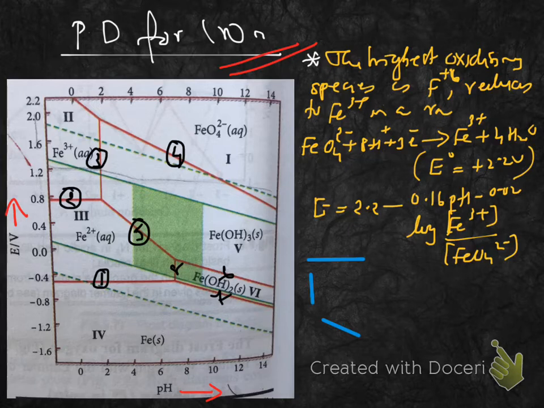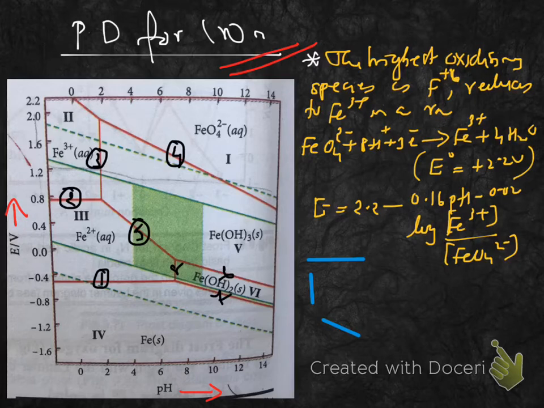This actually expresses how the stability of the metal is influenced by the pH under various electrochemical conditions.